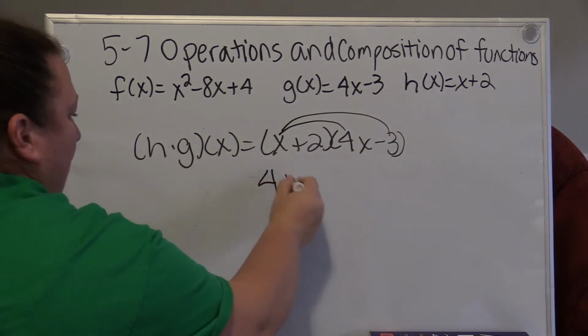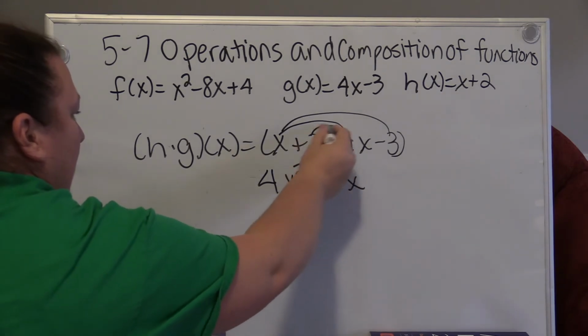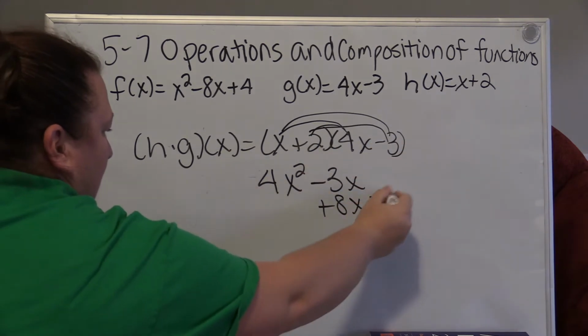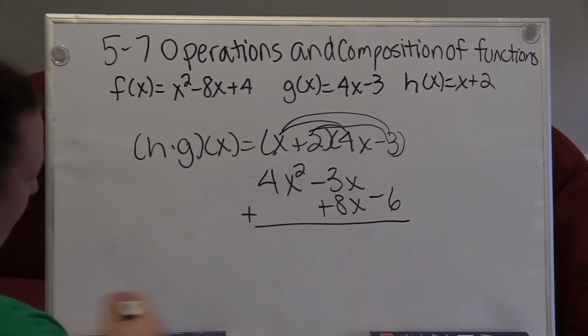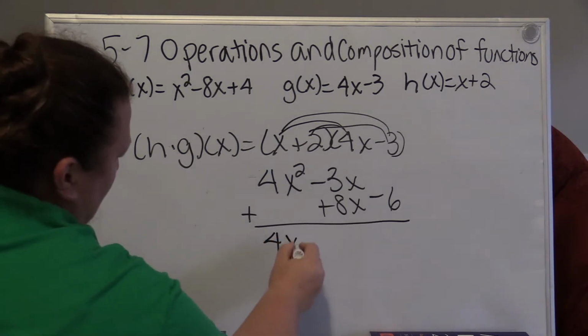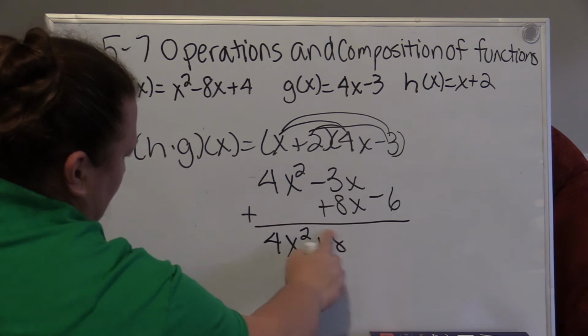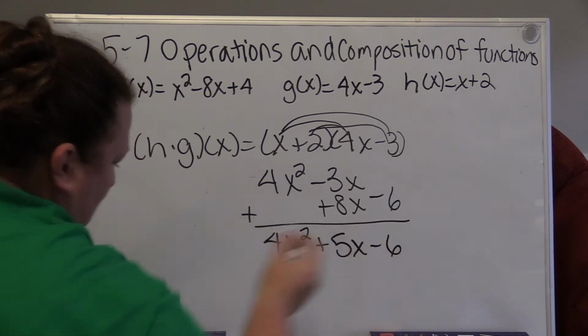So I get 4x squared minus 3x plus 8x minus 6, and combine like terms. So I get 4x squared plus 5x minus 6.